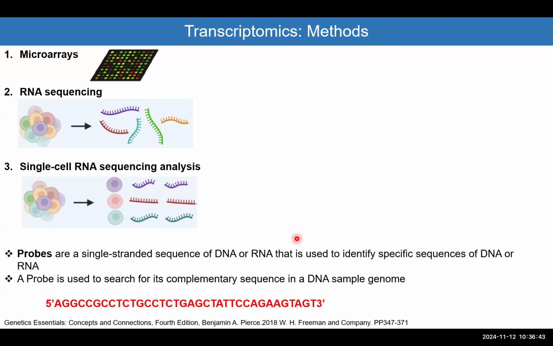Now we are gonna move into the bulk analysis where we can generate data for up to 20,000 genes, or all the genes in a particular tissue or cells, in one run. The first analysis that was able to generate a widespread analysis, not only one gene, was the microarrays. Then in 2008, we come into RNA sequencing, and in around 2014-15, we start to have single cell RNA sequencing.